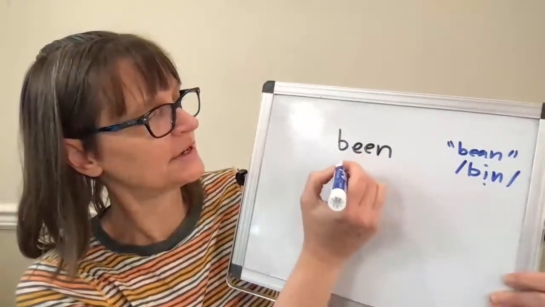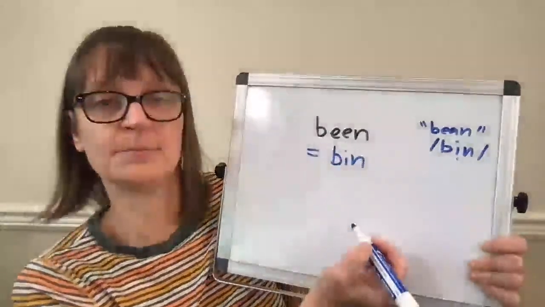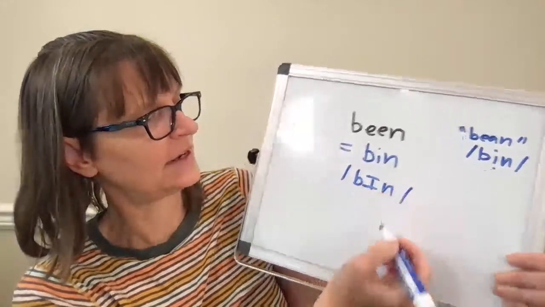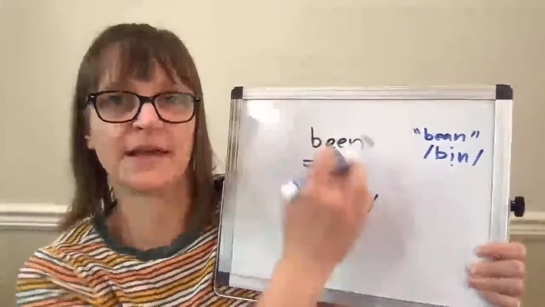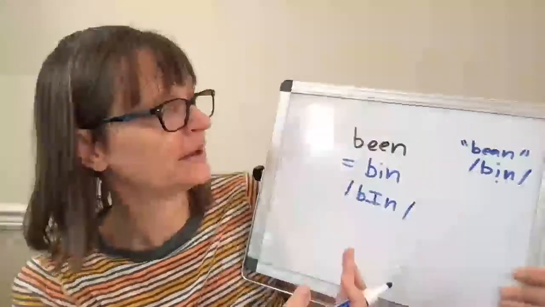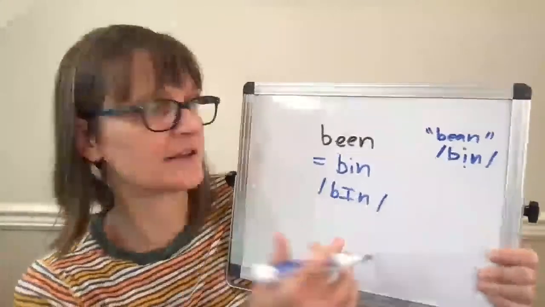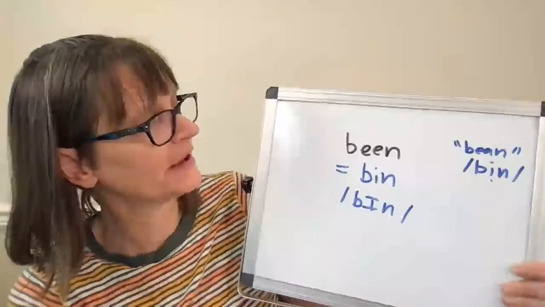In American English, we say bin, just like the word bin, like garbage bin, and we use the lax I sound. I've been busy. It's been happening. The bin has been out at the curb. Bean is a more British English pronunciation. Other dialects of English may use the tense E. We use the lax I sound.